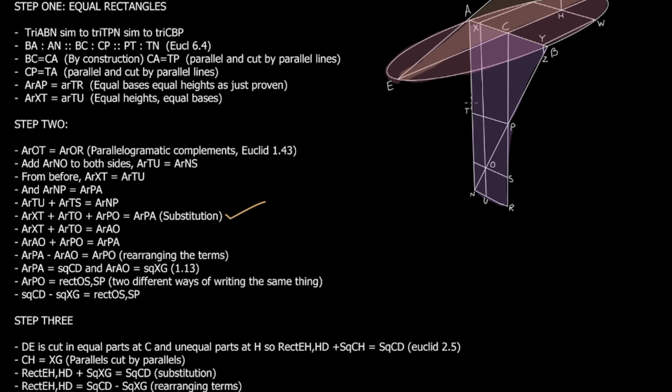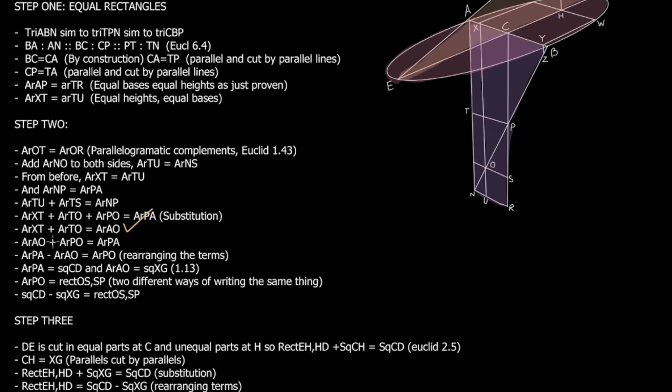Now let's see. We have XT plus TO equals AO. Well, that's XT plus TO equals AO. That makes sense.